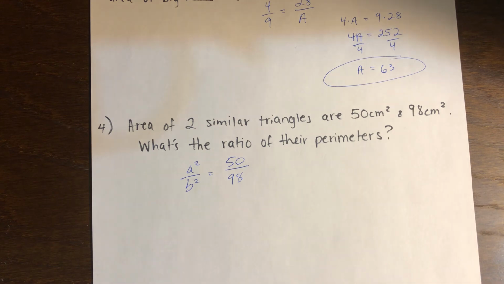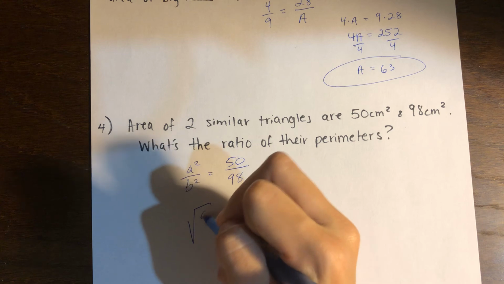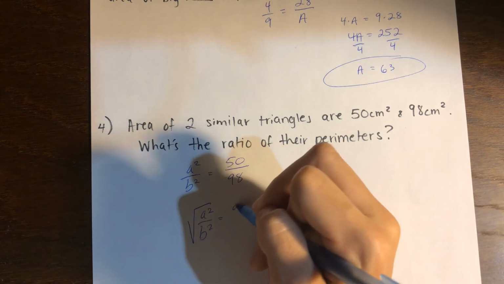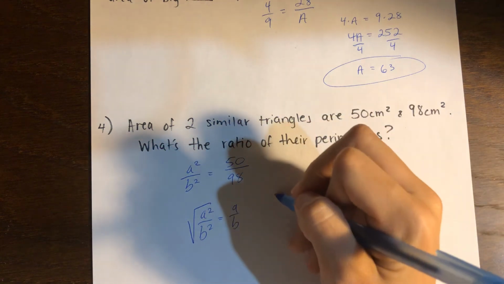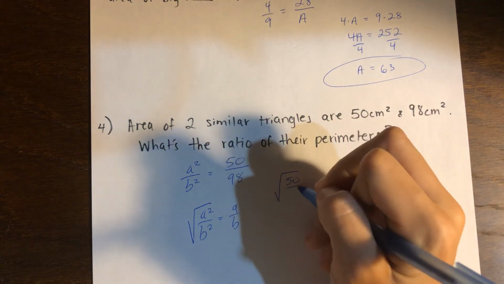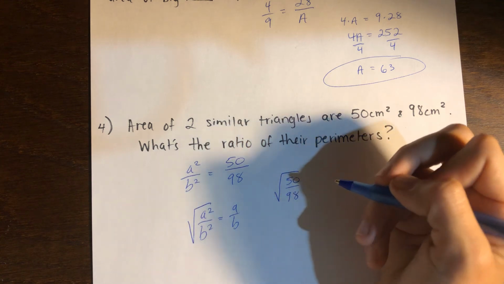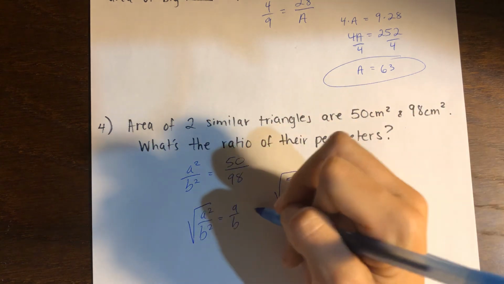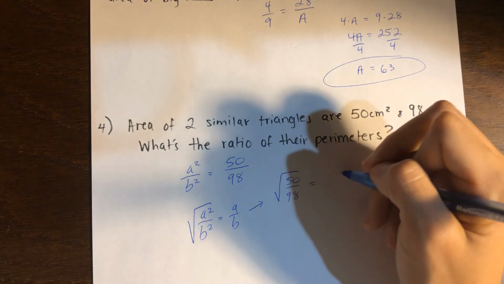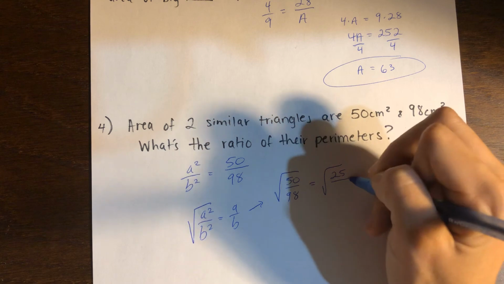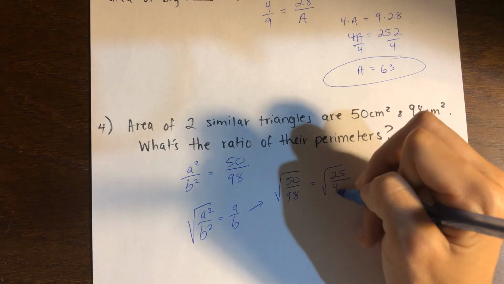So what we're going to do is take the square root of A squared over B squared to find A over B. So we're going to take the square root of 50 over 98, which we can simplify. If we divide both sides by 2, we get the square root of 25 over 49.